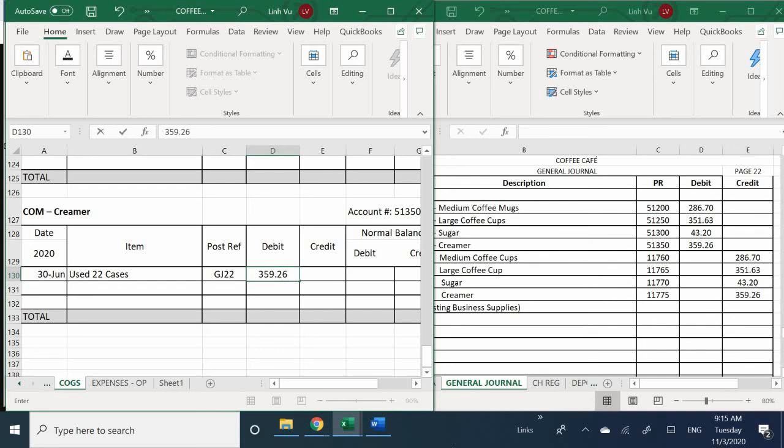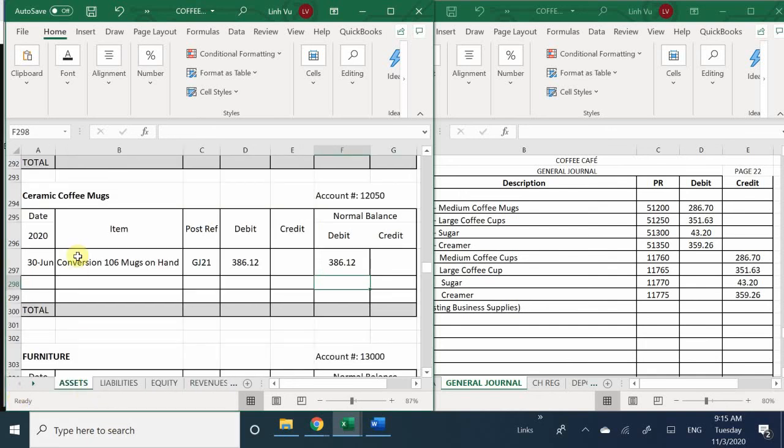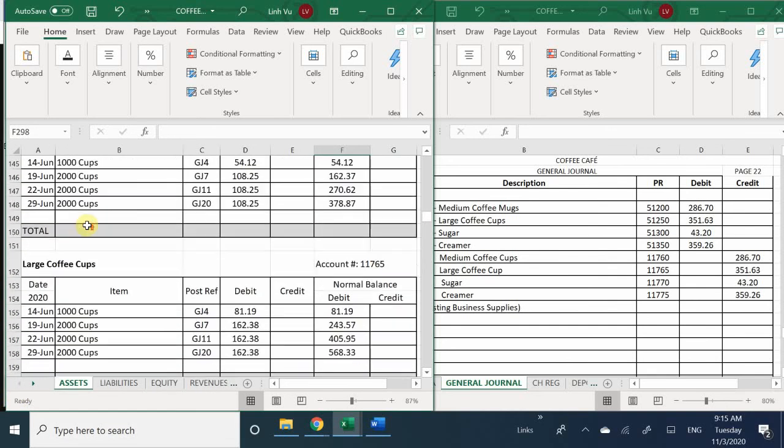All right, good. Bringing my beginning balance to $359.26. Good. Now, lastly, we have to go to our actual assets and adjust as well, or update our business supplies.